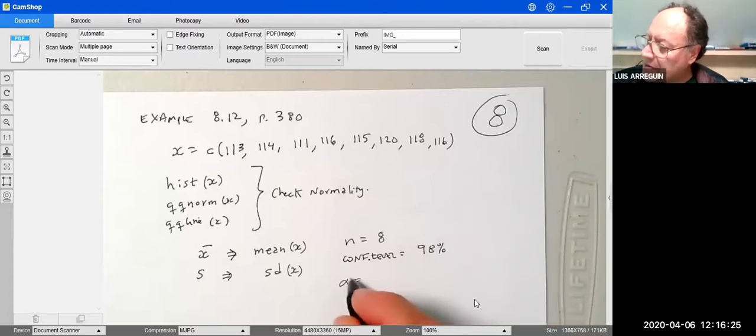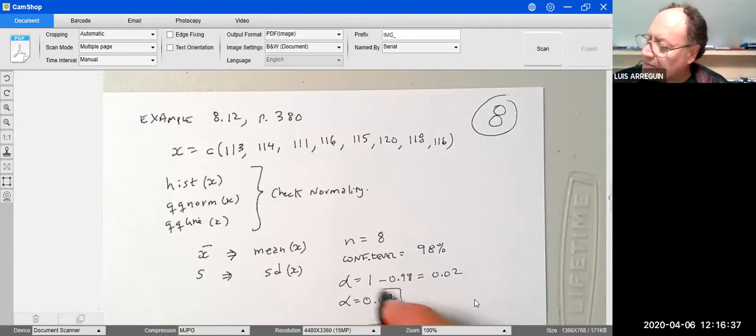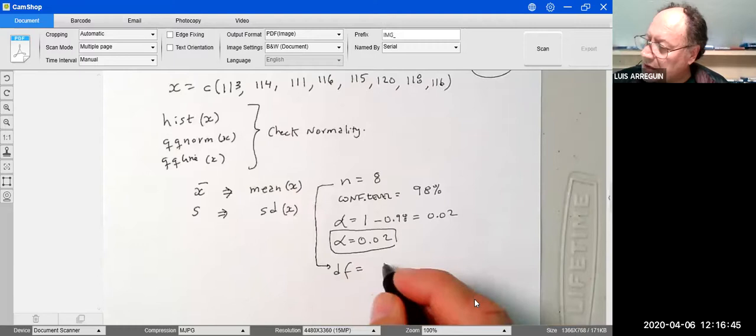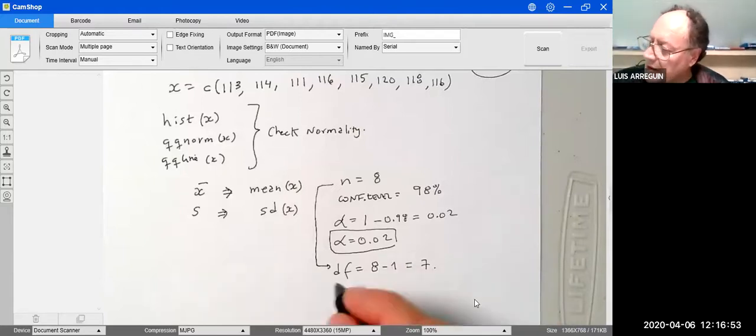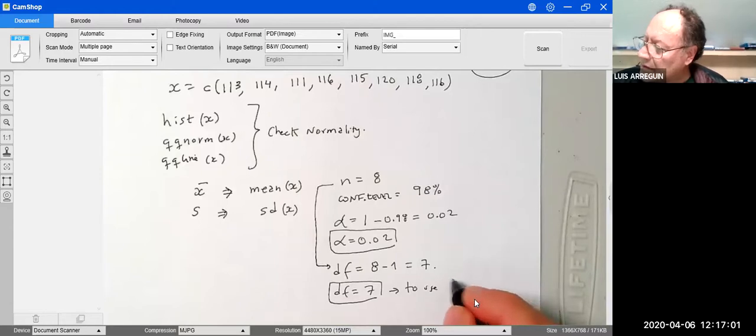So alpha is just 1 minus 0.98, which is going to be 0.02. From the sample size, we're going to find the degrees of freedom because we're going to use a t distribution. So degrees of freedom is n minus 1, which is 7. Those are going to be our degrees of freedom to use the student t distribution.